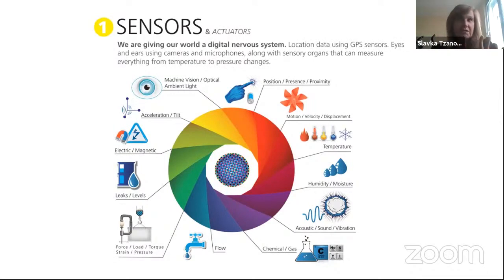Part of our body is a sensor system. The eyes, the ears, we use these principles for the cameras and microphones. And the sensors for touching that we have, these are also our biological sensors.